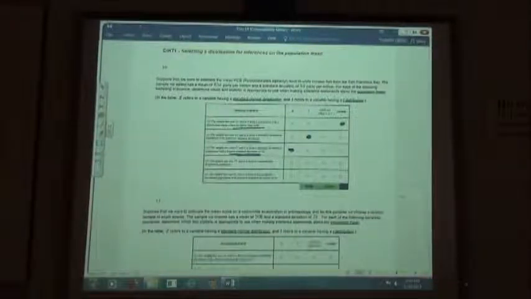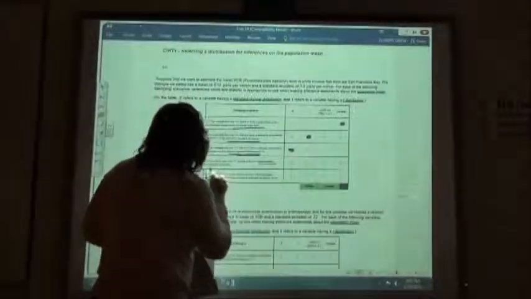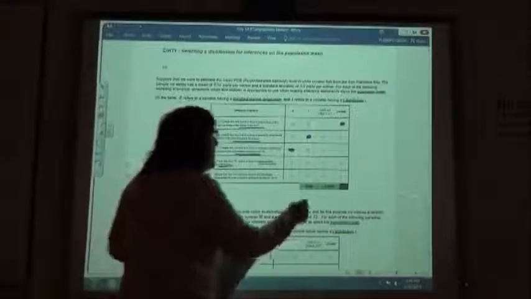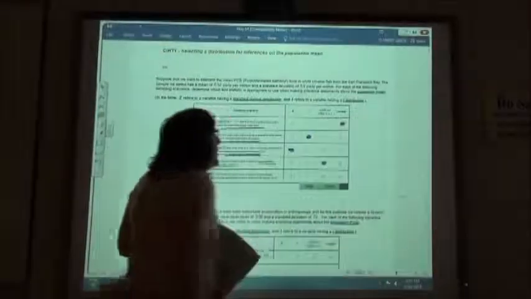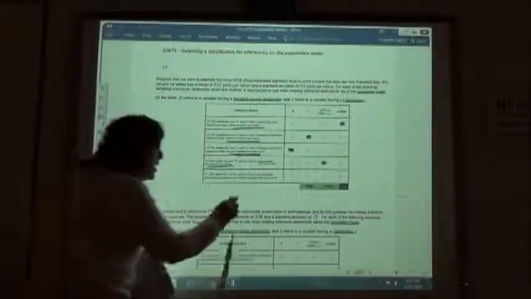The next one says it has a sample size of 75. It's from a non-normally distributed population, and if it's from a non-normal one, that's where we could use either the Z or the T. And then the last one, sample size is 90. It's from a non-normally distributed population, but we do know the standard deviation.